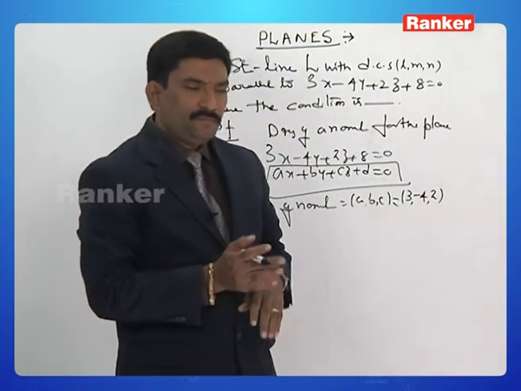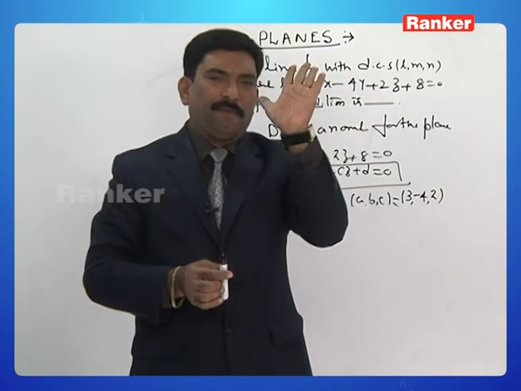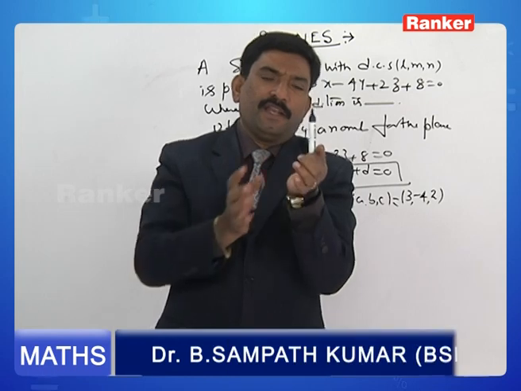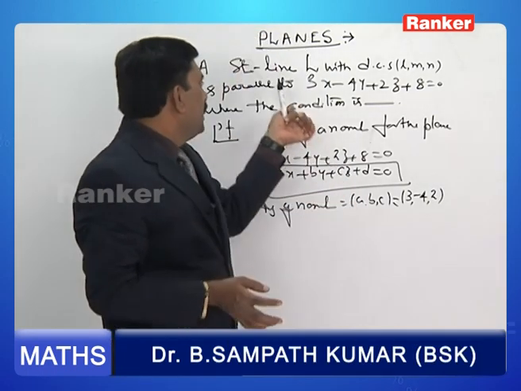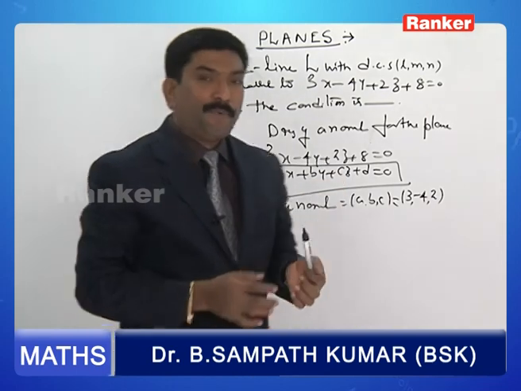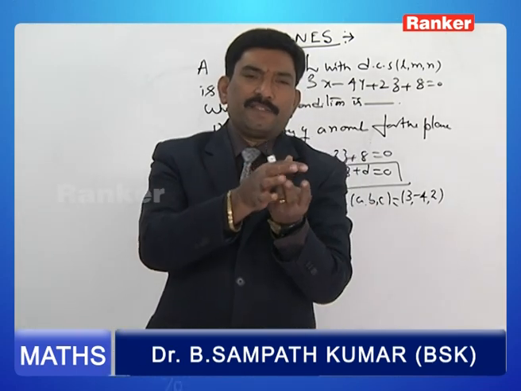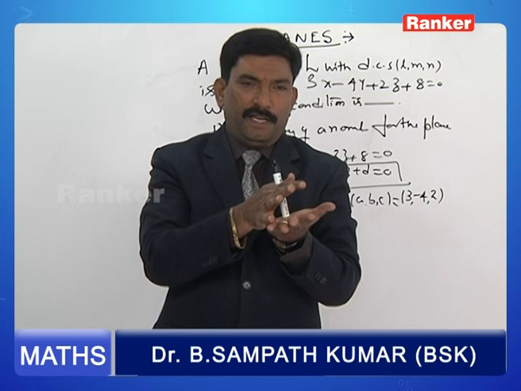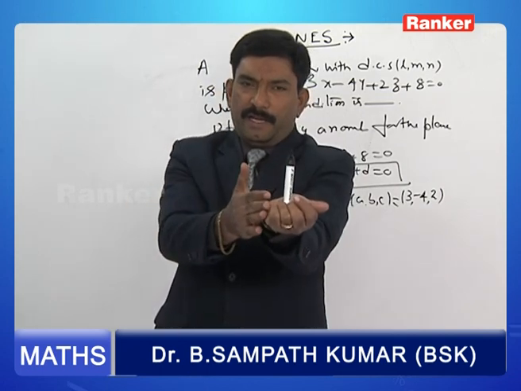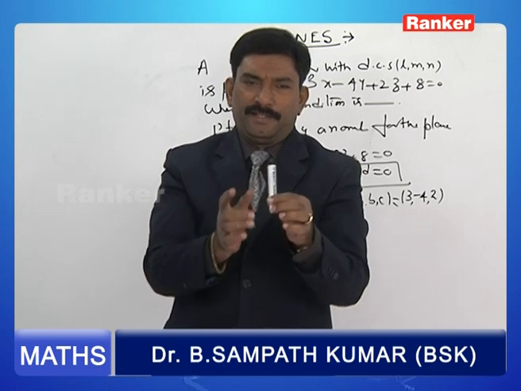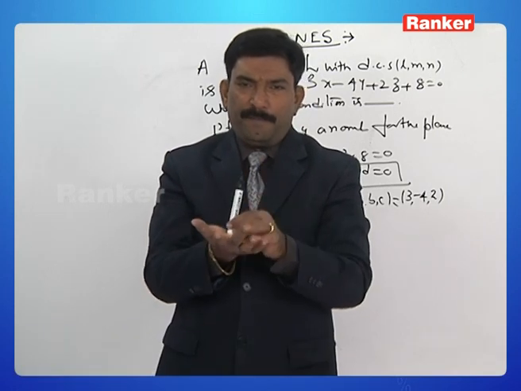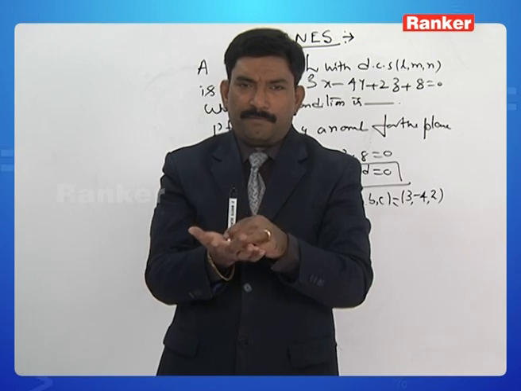Now this is a plane. This is a normal, correct? A line with the DCs is parallel to the plane. For this plane, this line is parallel to this plane, which means this normal is perpendicular to this line.